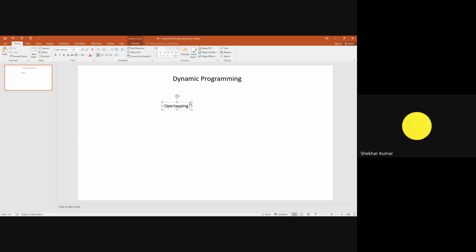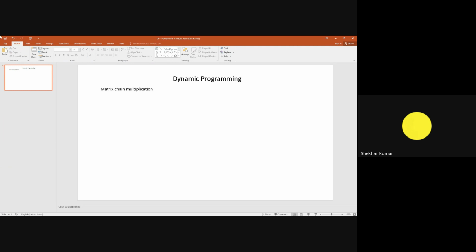Then we will discuss it with the help of an example. For example, your matrix chain multiplication. It is an example of the dynamic programming approach in which we multiply 2 or 3 or 4 matrices with the help of dynamic programming.